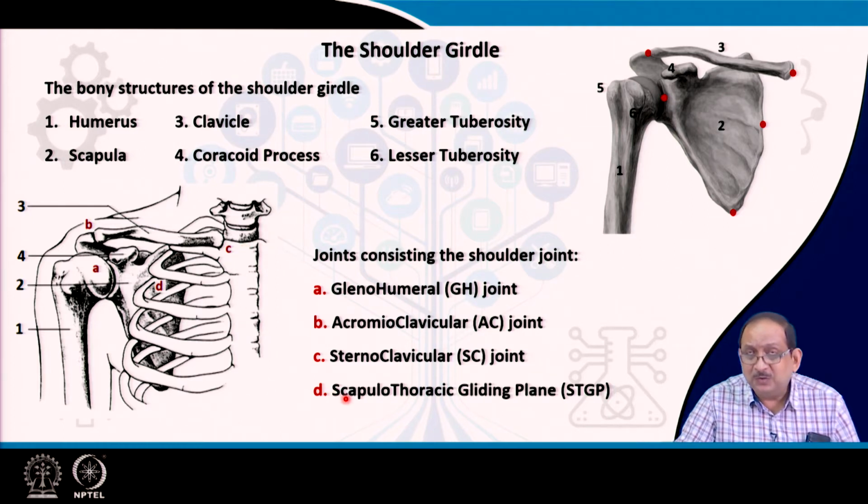And the fourth is not really a joint but a gliding plane, which is known as the scapulothoracic gliding plane. Since it is a connection between the thoracic cage or the rib cage with the scapula, we call it the scapulothoracic gliding plane.